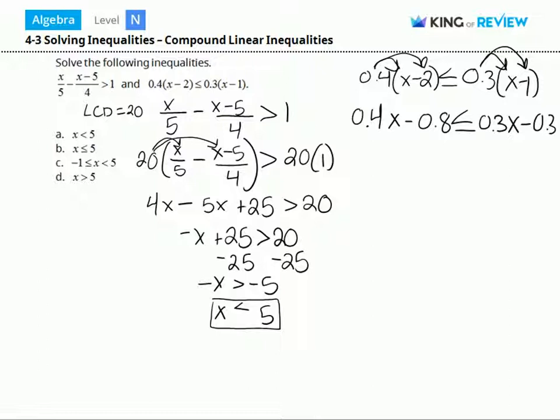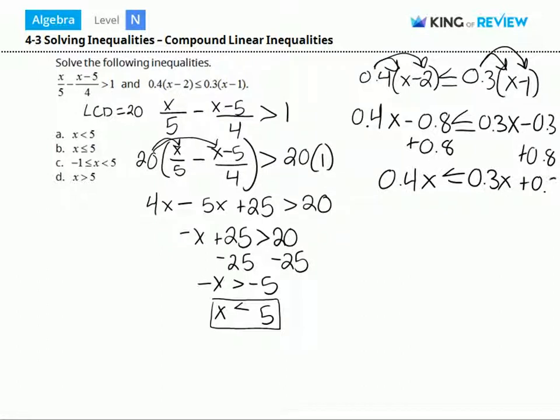Next, we'll add the 0.8 on both sides. This gives us 0.4x is less than or equal to 0.3x plus 0.5.